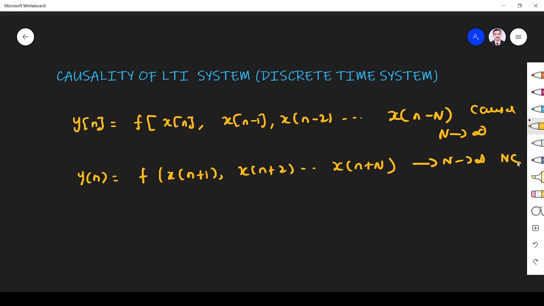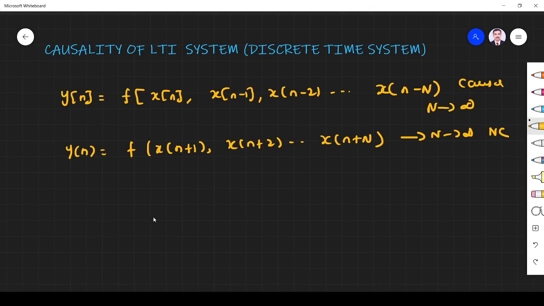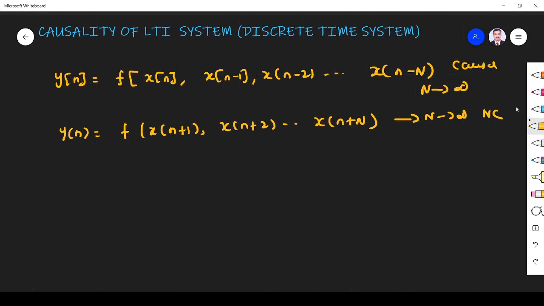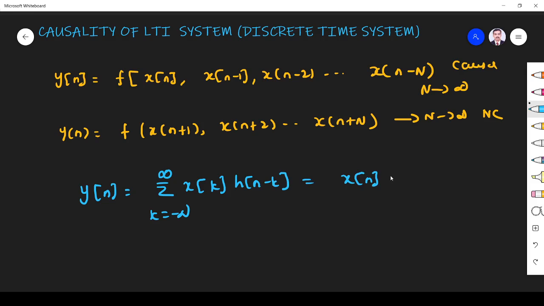This we studied. Now we see the condition of causality of discrete time LTI system. We know the output of any LTI system is given by y of n is equal to summation k goes from minus infinity to plus infinity x of k h of n minus k, that is equal to x of n star h of n.